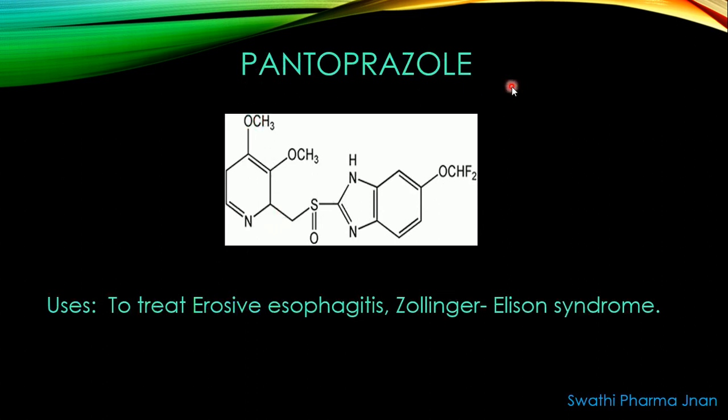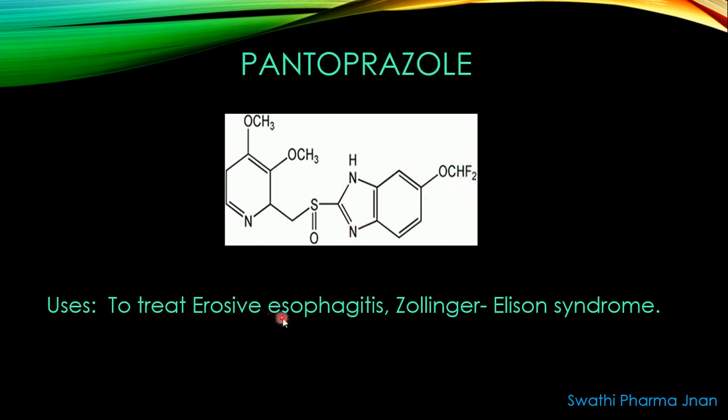The next structure is pantoprazole. Pantoprazole also contains benzimidazole as the basic nucleus, and it also contains pyridine as another basic nucleus. This pyridine contains two methoxy groups. Between the benzimidazole and pyridine there is a bridge, a CH2SO group, and to this benzimidazole an OCHF2 group is attached.